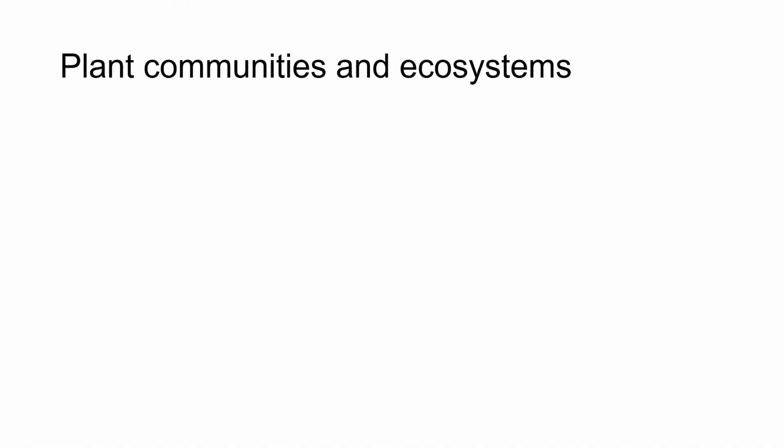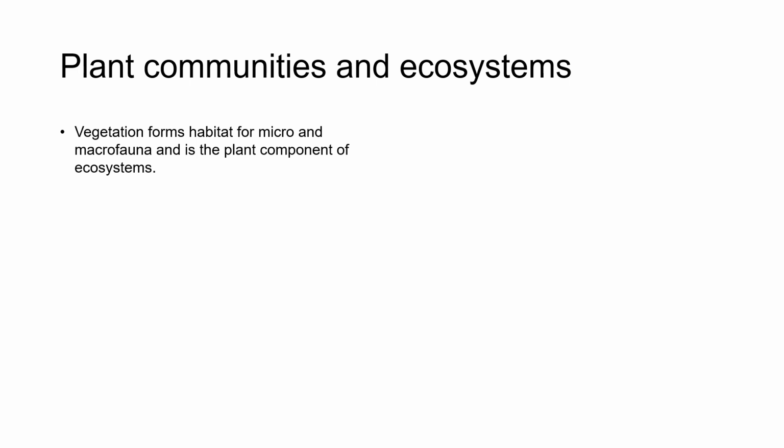The term plant community is a useful concept, but arguably places too much emphasis on the role of plants. They are, of course, an essential component. They provide habitat for micro and macrofauna, add organic matter to soils, and of course, help to make the planet livable by providing oxygen through photosynthesis.